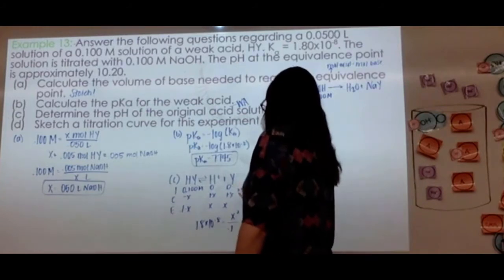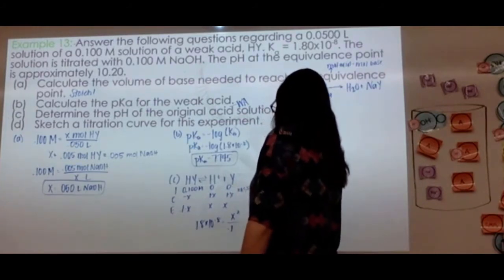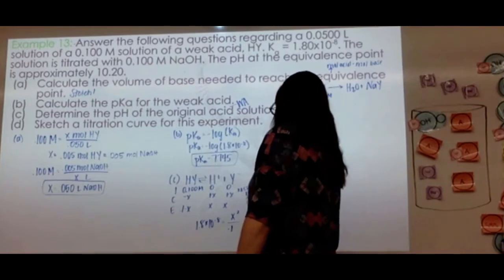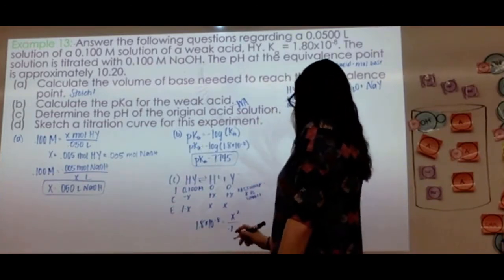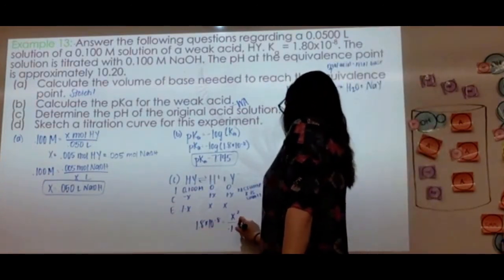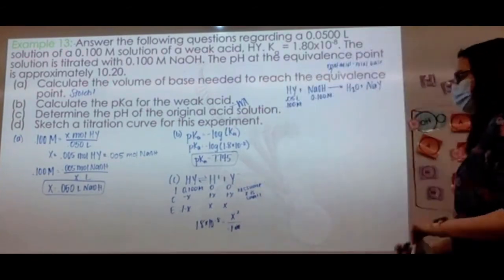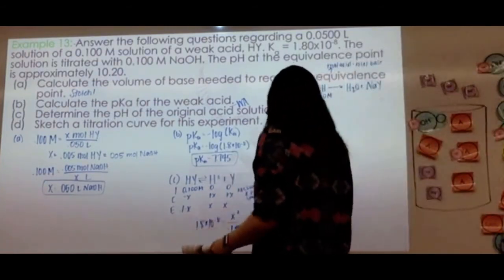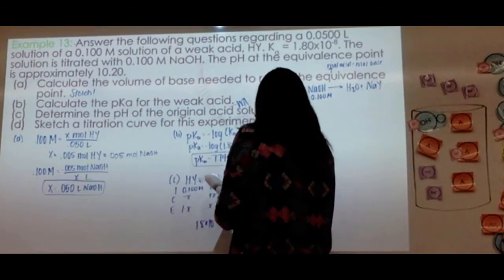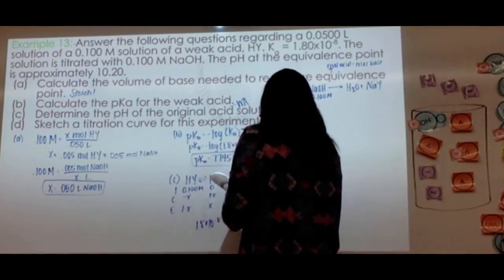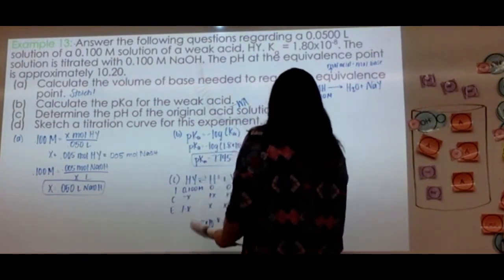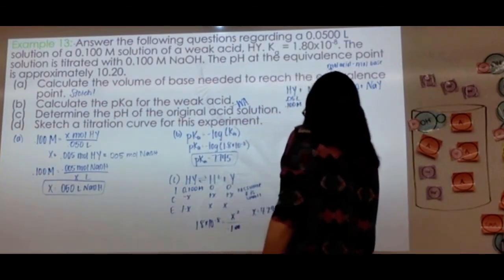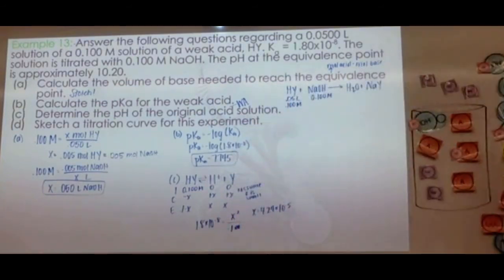Going to assume X is small. That allows me to ignore this minus X on the bottom. So we can solve like we did for X. For X, I got 4.24 times 10 to the negative 5th.